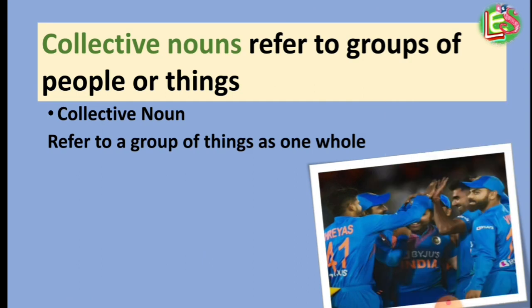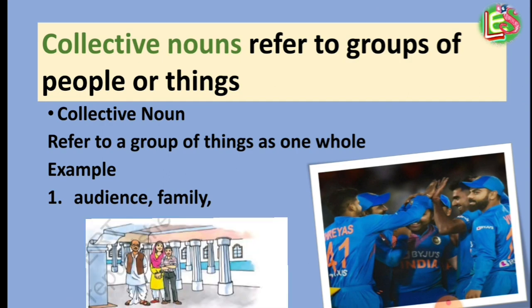See here, our Indian team is seen in the picture. Virat Kohli is there. If you observe, we are not talking about a specific person, but we are talking about Team India. So, examples are audience, family.